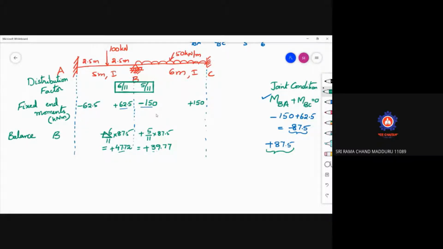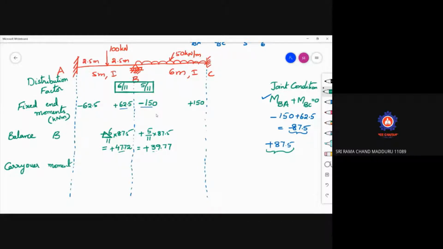Remember, when the far end is fixed, the balanced moment should be transferred to the far end, which is taken as 50% of the balanced moment. So write down carryover moment.